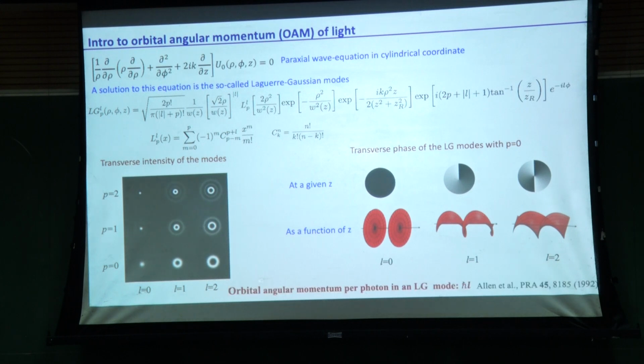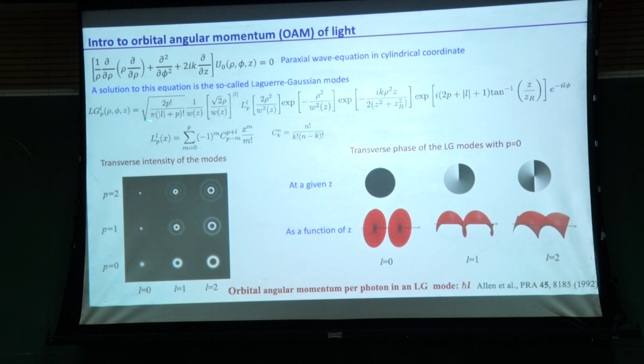But what got people excited about orbital angular momentum is this result in 1992, which showed that the orbital angular momentum per photon in an LG mode is h bar L. Again, no extra quantization here. Those were worrying about second quantization. The quantization is still the same, just the energy quantization.